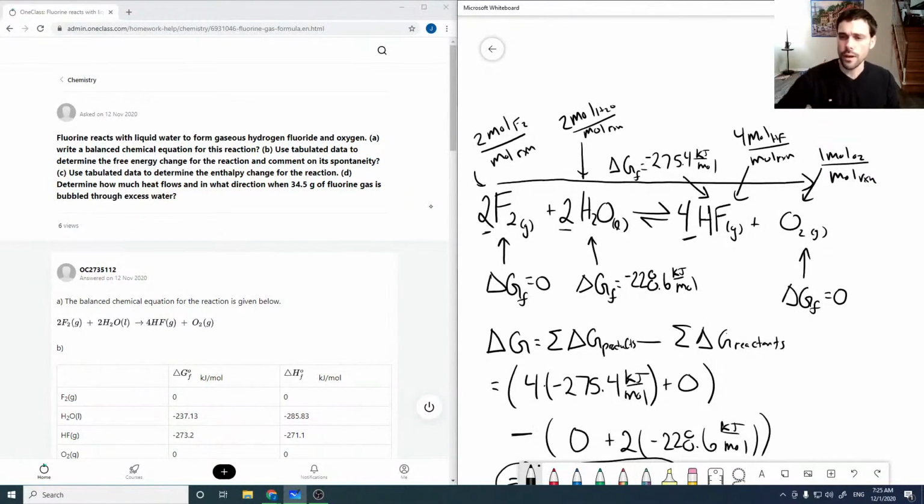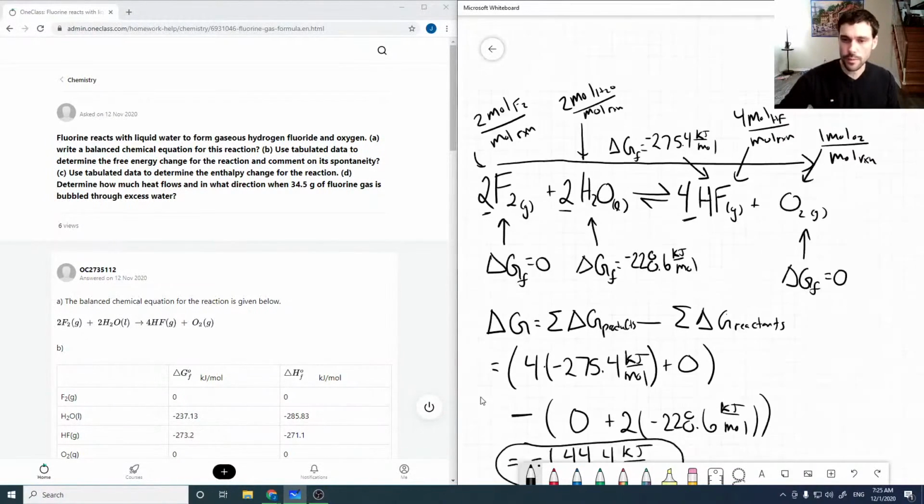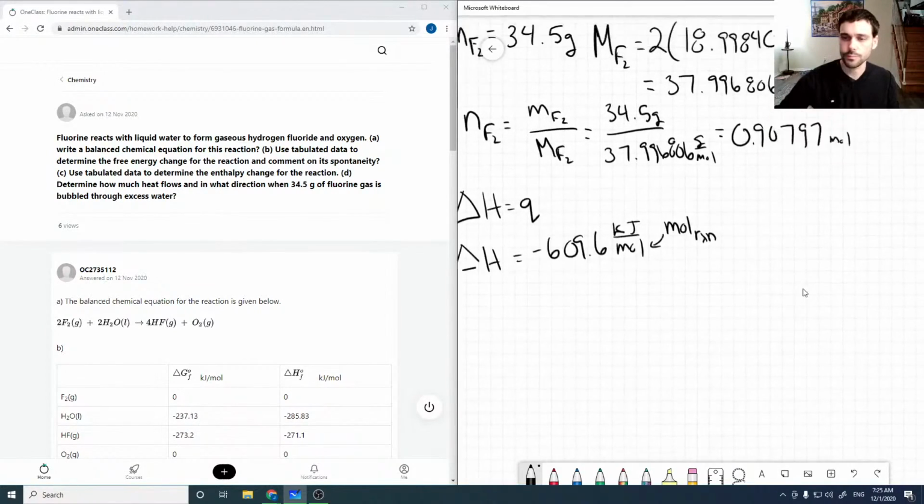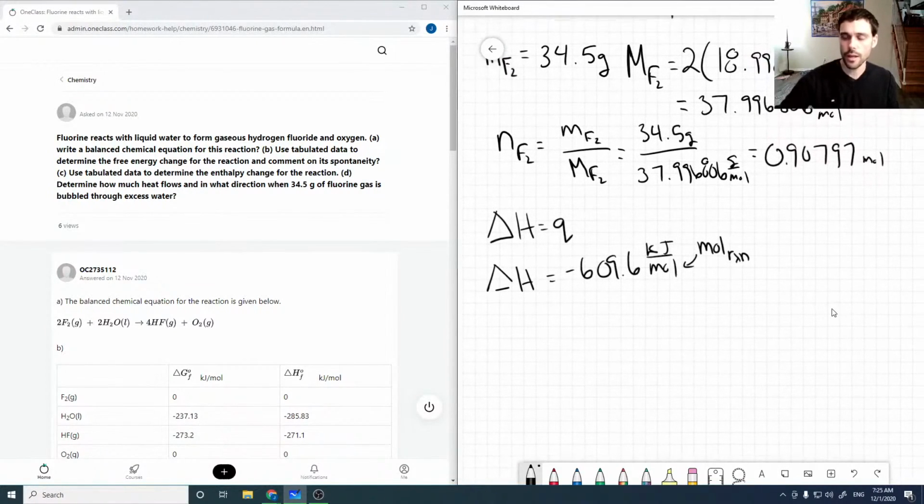Okay? So that's the way I like to think about it, because that's really what the mole is that we saw for in our delta H here.